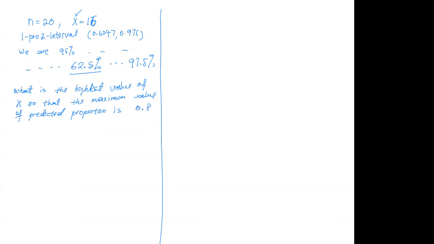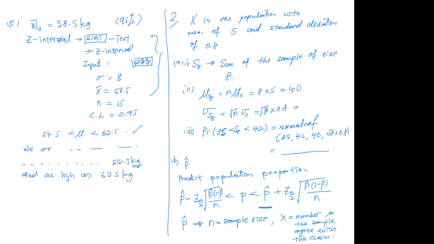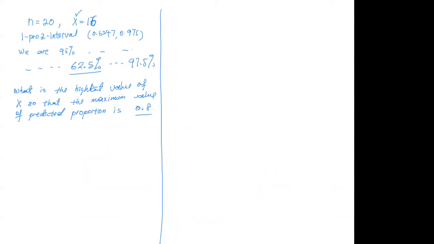Okay, when I give you this, that means when you get to the formula, you will look at this part of the formula. Then you write down your P hat plus, for 95%, your Z alpha over 2 will be 0.96, square root of P hat times 1 minus P hat over 20.